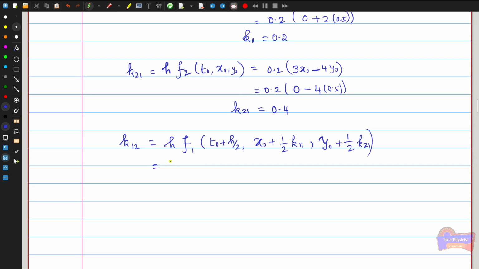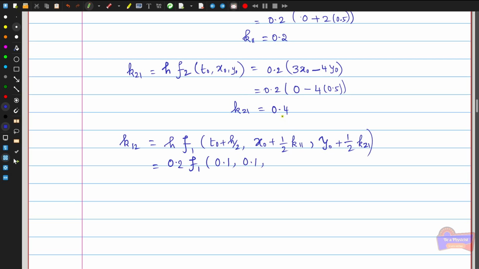So it is equal to 0.2 times the function f1 of t0 plus h by 2, where t0 is 0 and h we already know is 0.2, divided by 2, I will get 0.1, comma, and x0 is 0 plus half into k11, where k11 is 0.2 divided by 2, which gives 0.1, comma.